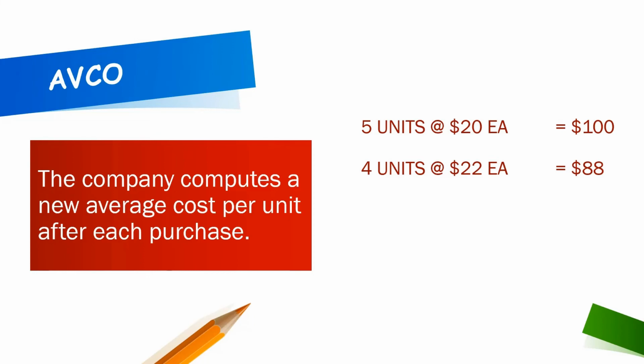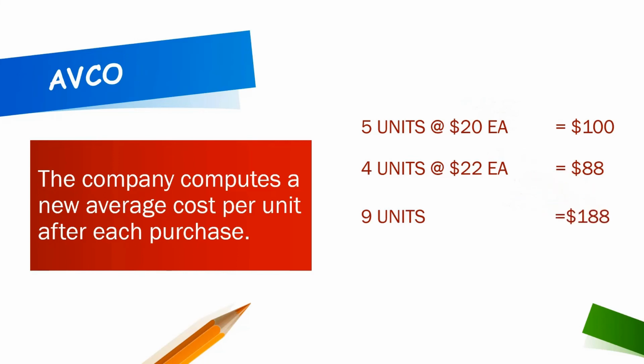Now that we've made our second purchase, we now have to compute the average cost of our inventory. How do we compute the average cost of our inventory? In order to do so, we need to calculate the total number of units of inventory. That will be 5 plus 4, so we now have 9 units of inventory on hand. Then we need to compute the total value of inventory on hand, which would be $100 plus $88.